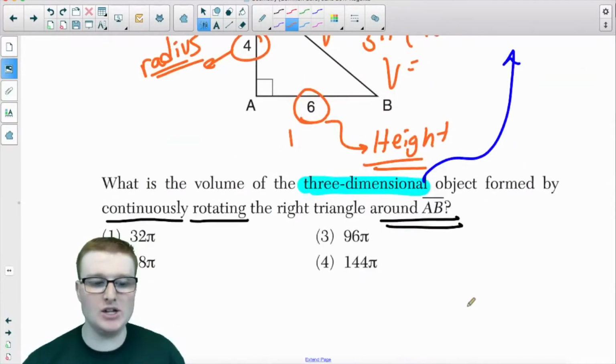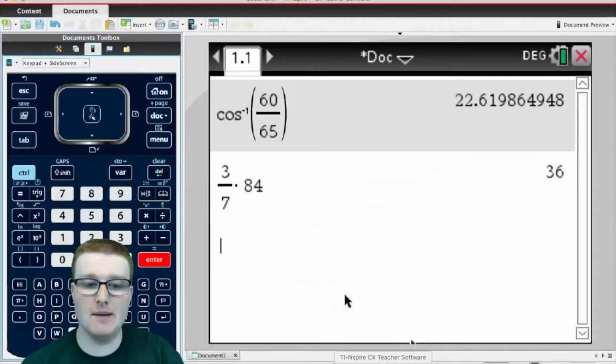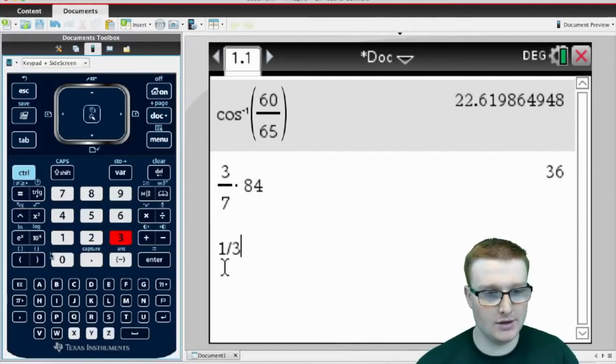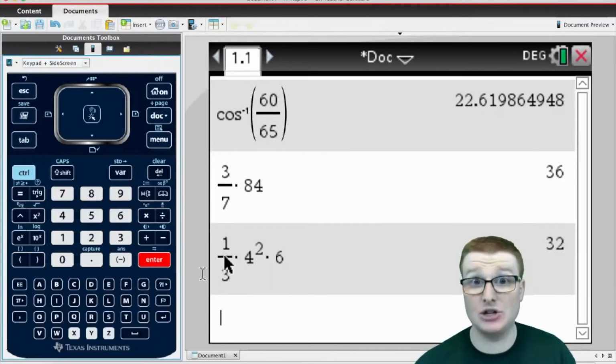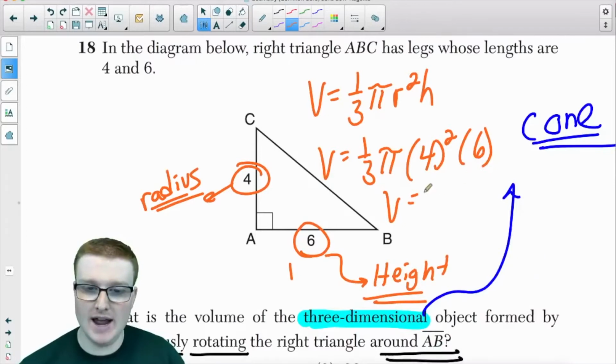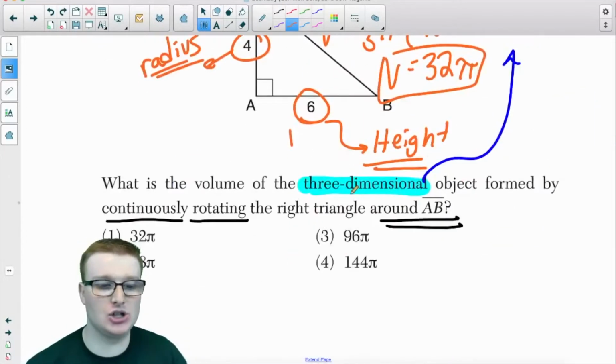Leaving pi out of the equation because all the answers are in terms of pi. So I'm just going to type in the numbers, the constants. 1/3 times 4 squared times 6, we get 32. So your answer is 32, and then just smack on the pi afterwards. Your answer is choice 1.